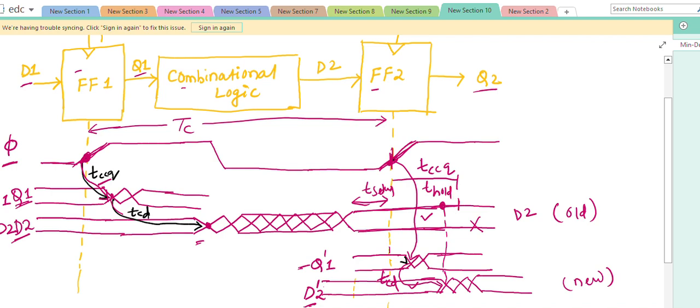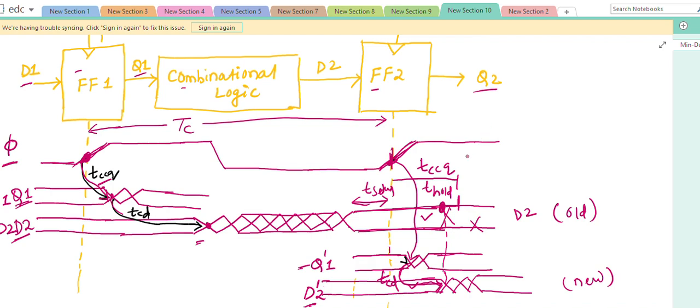That means up to this, the input data D2 must be constant. But because of the contamination delay of the combinational logic, D2 is changing here. It is not constant. So at flip-flop 2, a hold time violation will occur and you will not get a proper output at the flip-flop 2 output terminal.